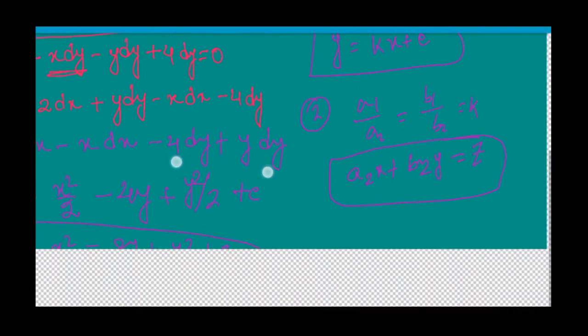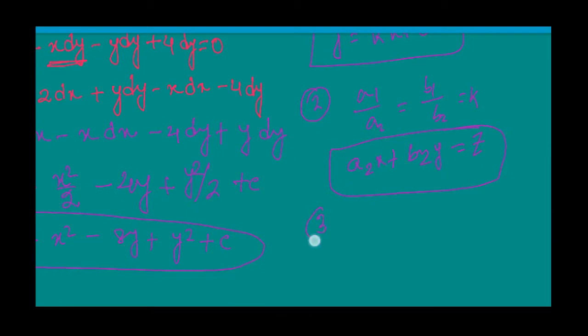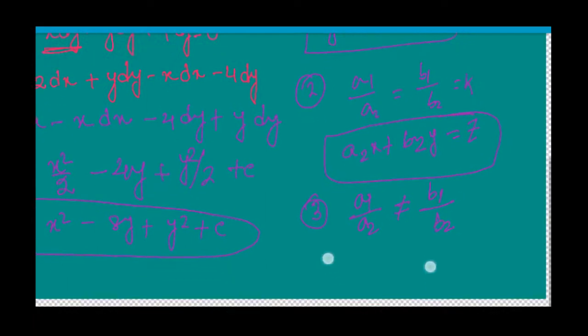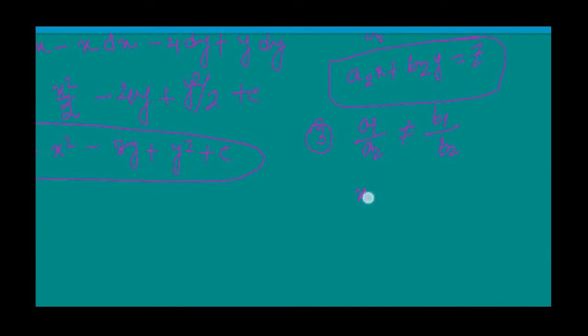And next, case 3: if a1/a2 is not equal to b1/b2, then we can put x = X + h, y = Y + k, and then it will be reduced to homogeneous form, and then it can be solved by the variable separable method. So these are the methods.